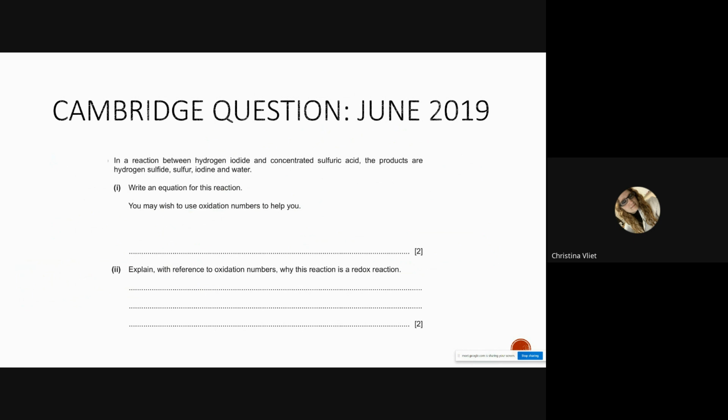Now, I'm going to go ahead and give you the reactants and products, just a little bit of a crutch. But I'm asking you to figure out how to balance this equation. That is your goal.